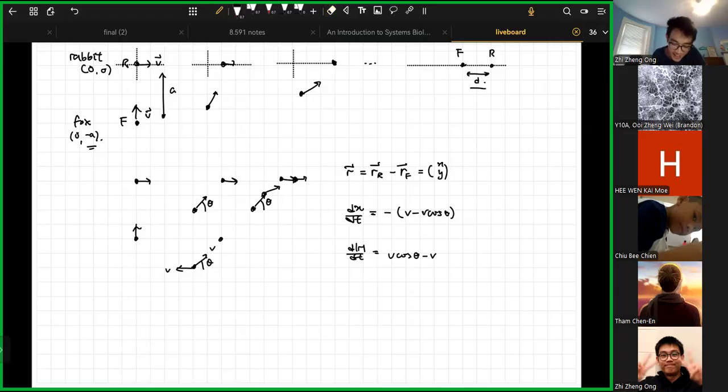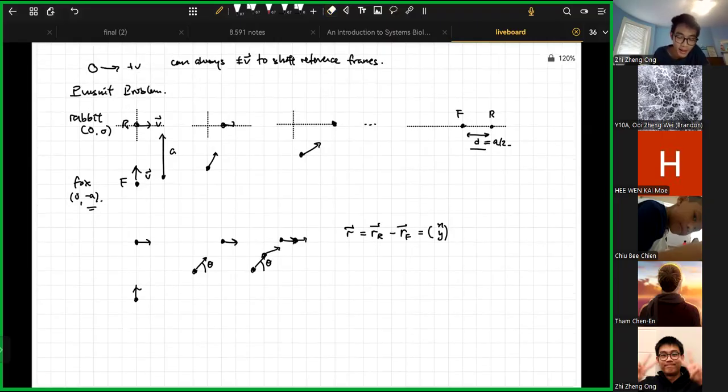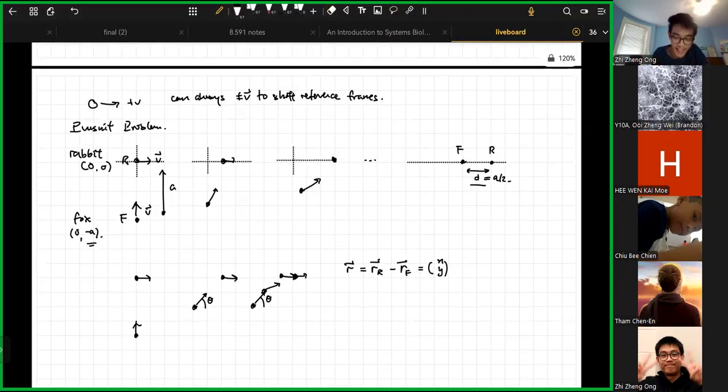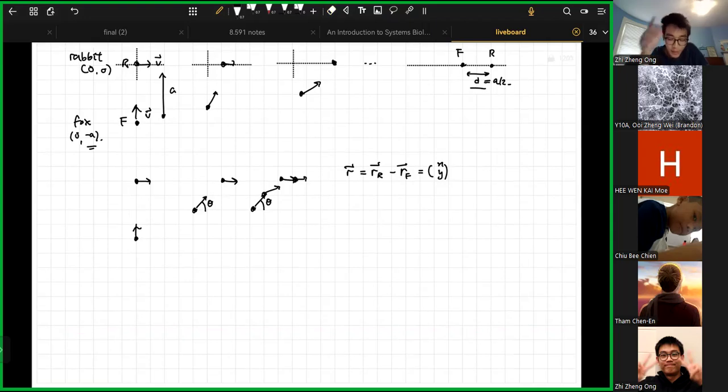At the end of the day, the distance between them is going to be d over two. I did this a long time ago and I don't remember it, so I think it's best if I come back to this in future. My bad, guys. I will send you a write-up afterwards. Off the top of my head, I just can't remember how I did it.